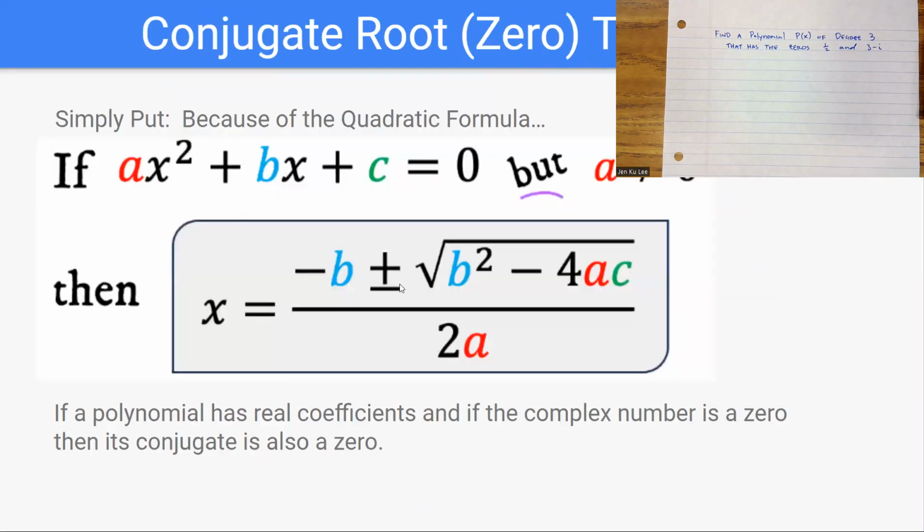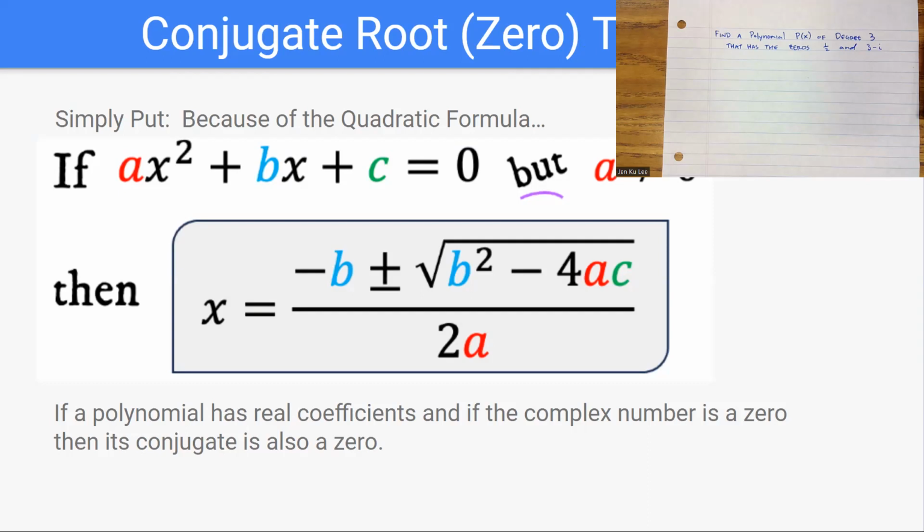So the conjugate root theorem: notice when we did our examples, when we factored things out and we got the zeros, it was always 1 plus i and 1 minus i, right? I believe it was like negative 1 plus i square root of 2 divided by 2, and negative 1 minus i square root of 2 divided by 2, right? Those guys are conjugates.